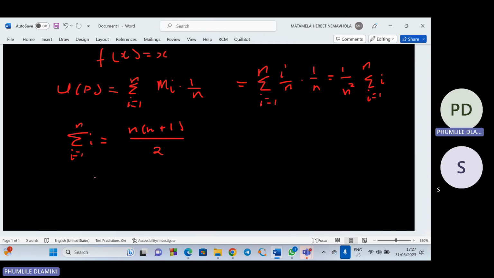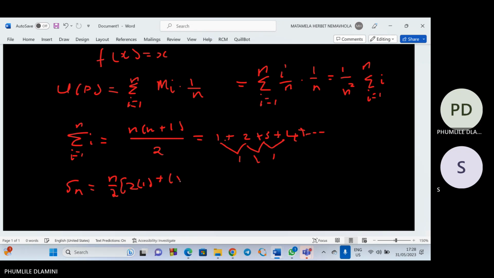How do you work it out? You can first substitute and work it in the form of a sequence. Substituting 1 onwards, it is 1 plus 2 plus 3 plus 4 going upwards. You will see that it's an arithmetic sequence whereby the difference is 1. The total sum Sn of an arithmetic sequence is n over 2 in brackets 2a plus n minus 1 times the difference. Your a is 1 and the difference is 1.